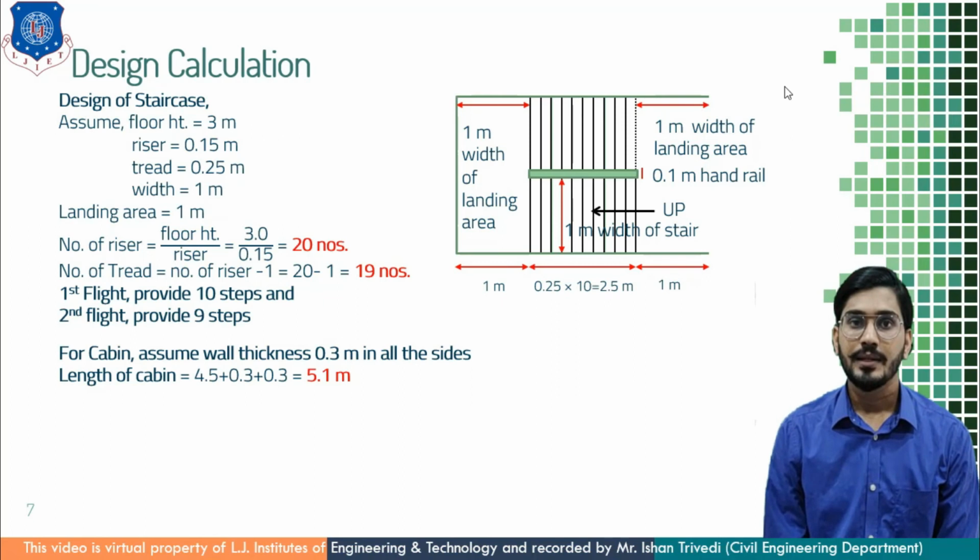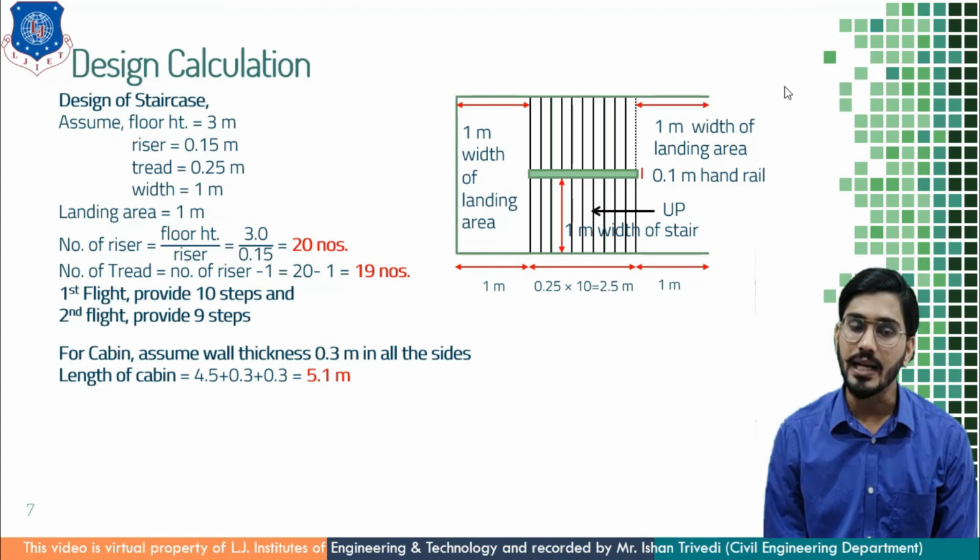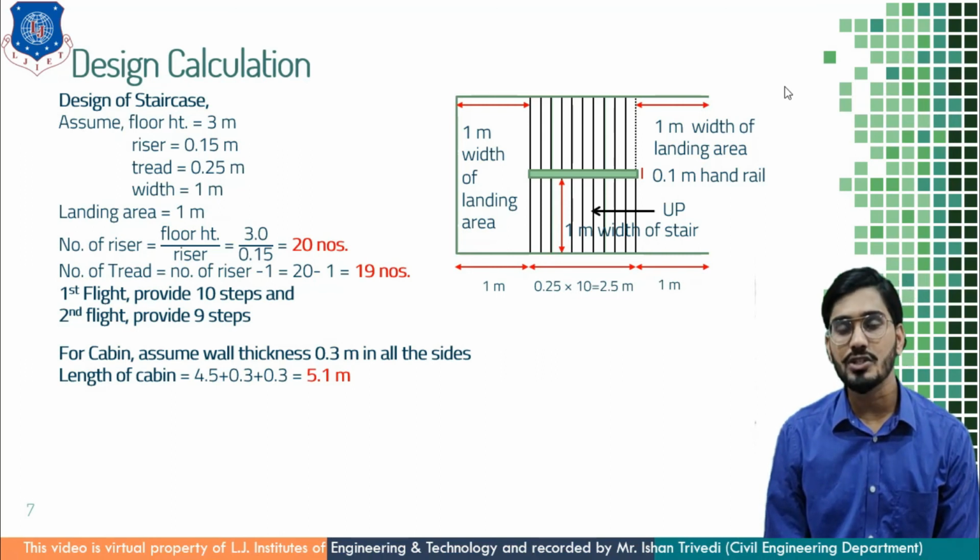In that, 0.25 meter is one tread. If I provide 10 steps, the width is 0.25 each, so the total summation is 2.5, and on either side 1 meter for the landing area. So the total is 4.5.